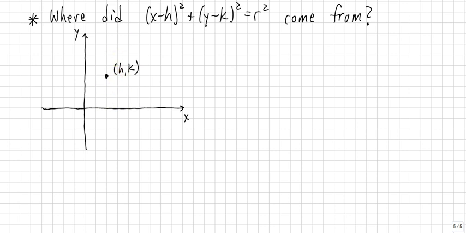So its radius is r. So we end up with this circle.